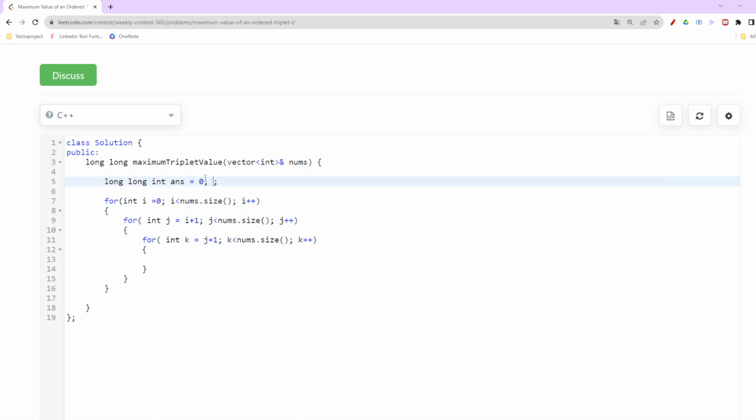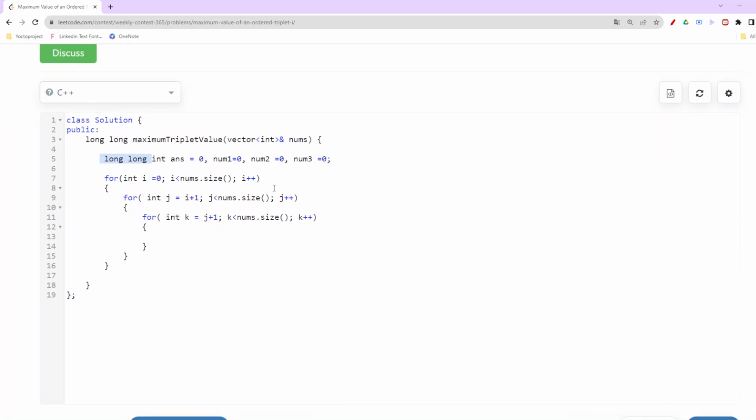So let us give them a good name, num1, num2, and num3. These would be those three numbers which we will be taking, initializing all of them with 0, and all are of long data type only.